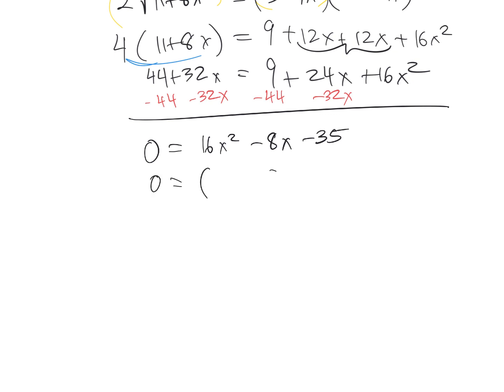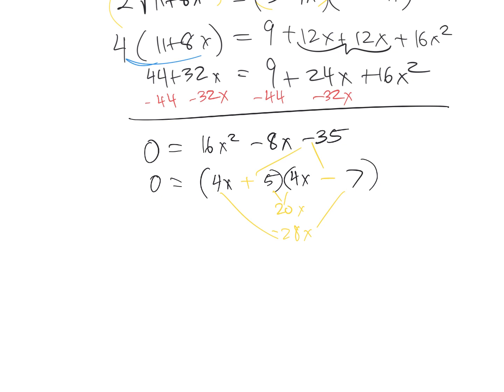Okay, we should have 4x and 4x and 5 and 7. And we want a negative, so that's 20x, and that's 28. We want a negative, so that means the 28 has to be negative. So that means the 7 is negative and the 5 is positive, which again will give us a negative 35.